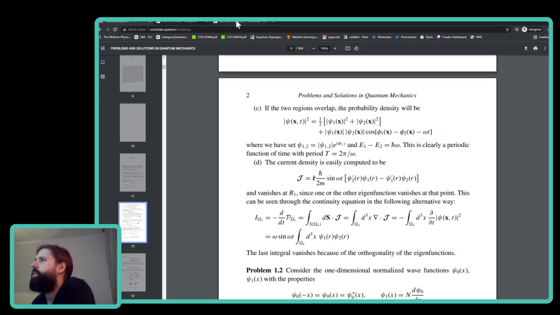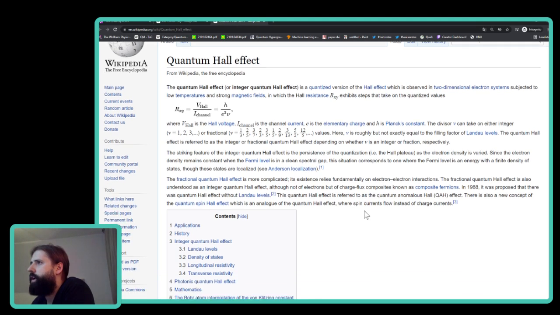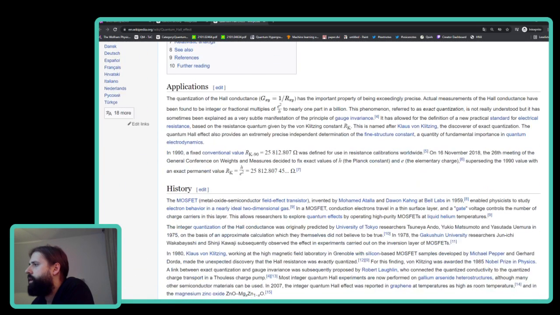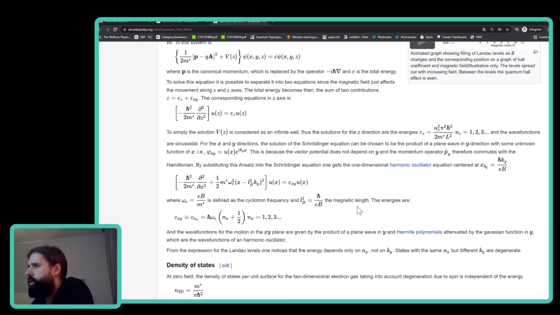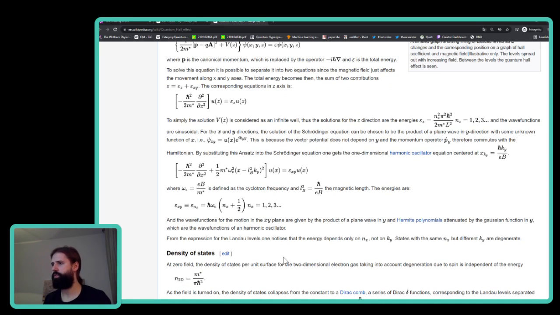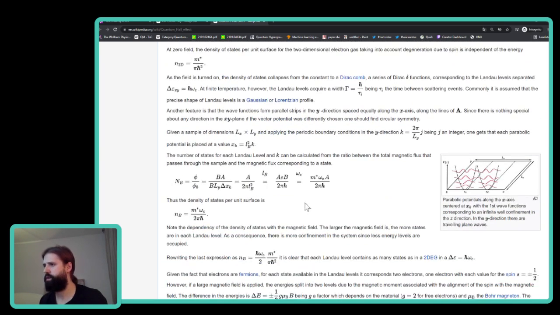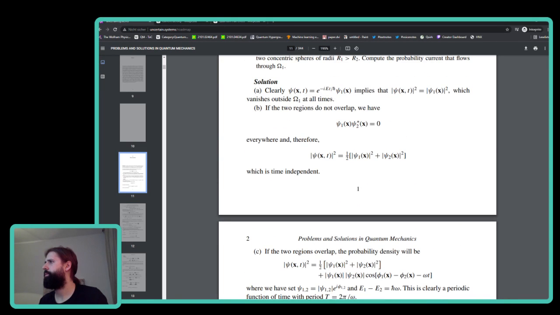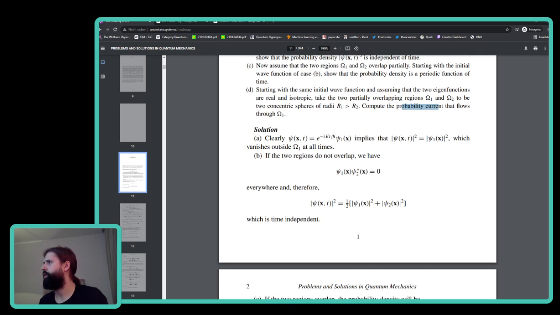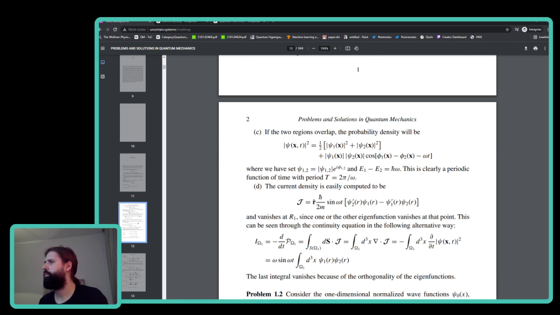Current density, quantum Hall effect, density of states. Current density, no. Probability current.